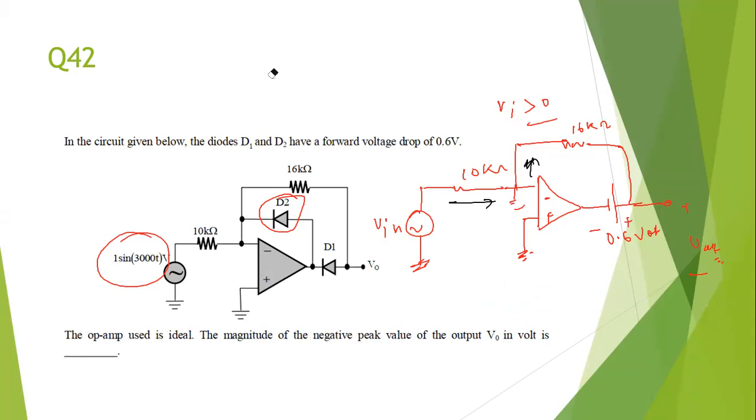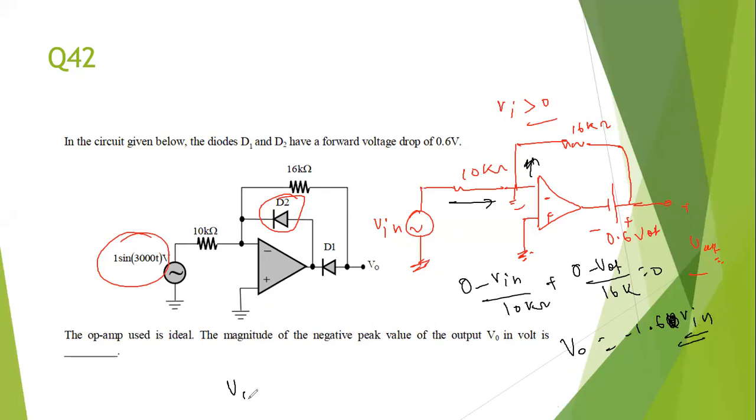So 0 minus V input divided by 10K, 0 minus V output divided by 16K equal to 0. So V output equals minus 1.6 times V input, with V input as sine omega t.